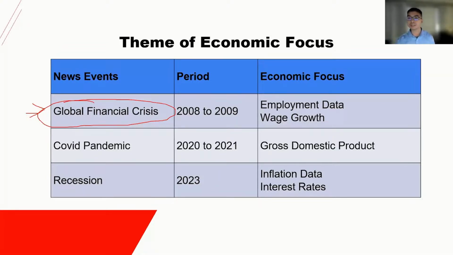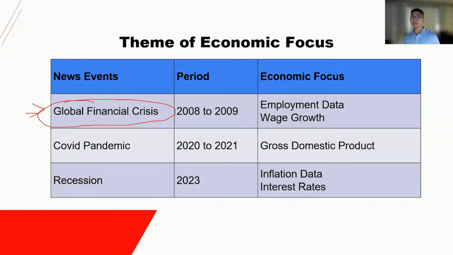The unemployment rate in the United States, for example, rose from 5% in 2007 to a peak of 10% in 2009. Many companies struggled to stay afloat, and as a result, many workers lost their jobs. Additionally, the crisis had a knock-on effect on other economies, leading to job losses worldwide.